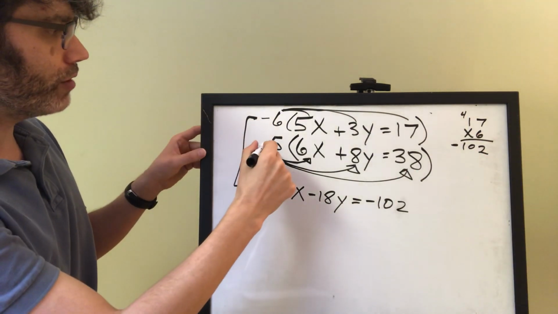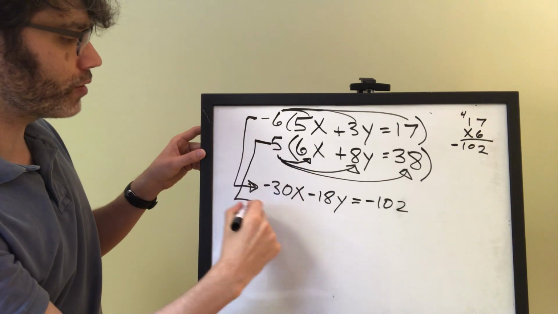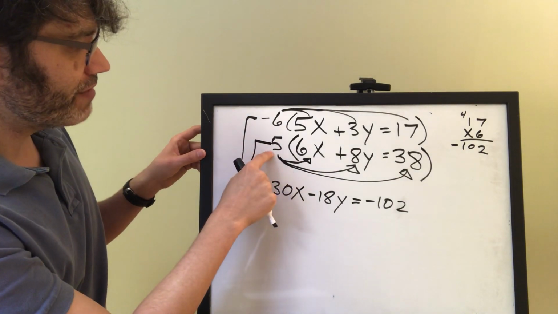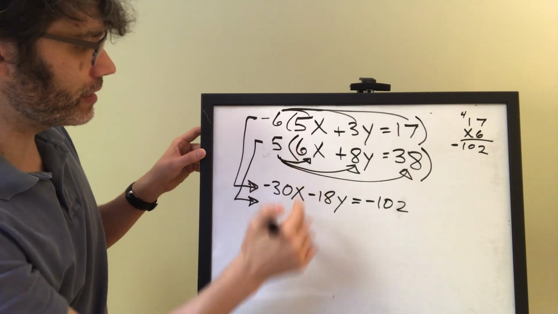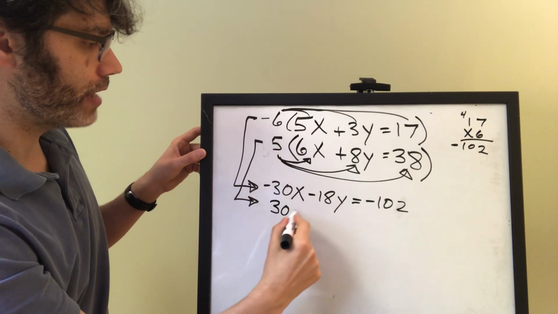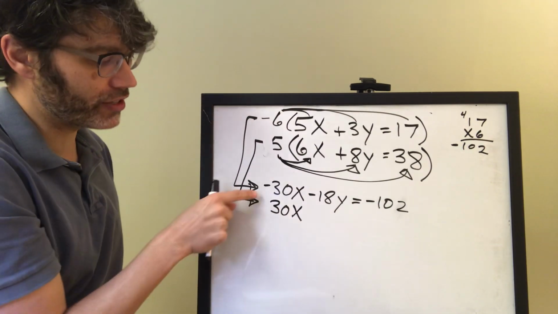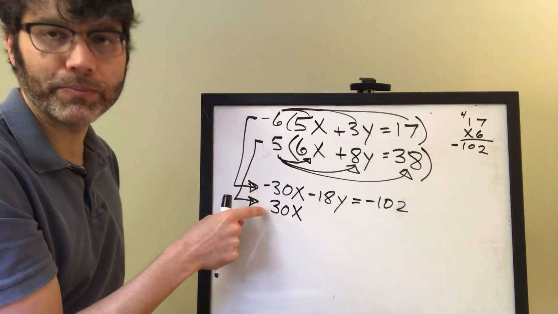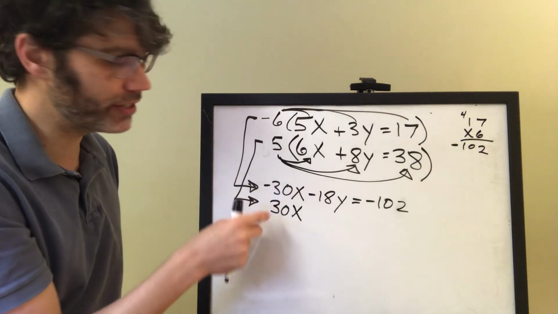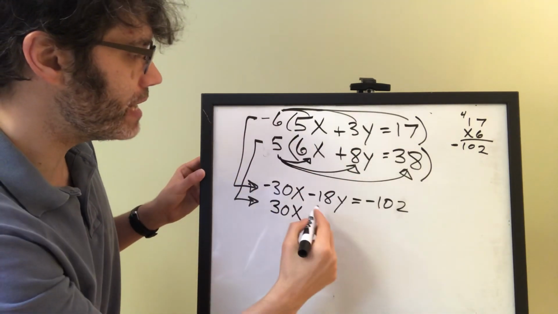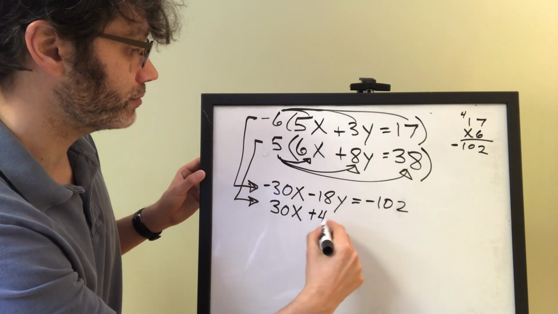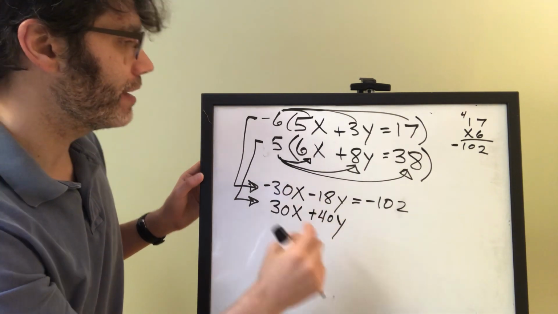Okay, now let's do this bottom equation. A positive 5 times 6 is a positive 30x. That's why we're doing all this. So this becomes a negative 30 and this becomes a positive 30. These are additive inverses, so the x will drop out. That's why we're doing this whole thing. Okay, 5 times 8 is 40y.